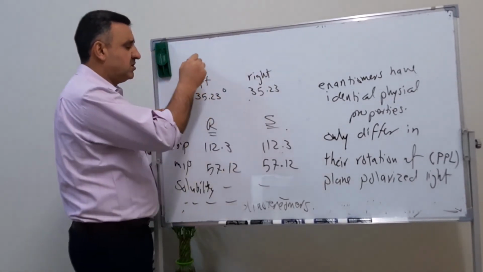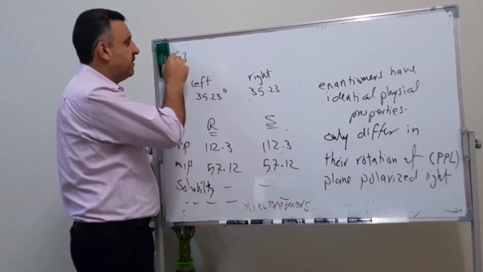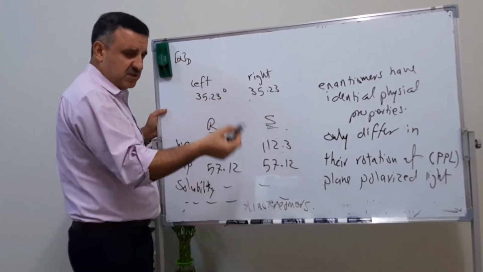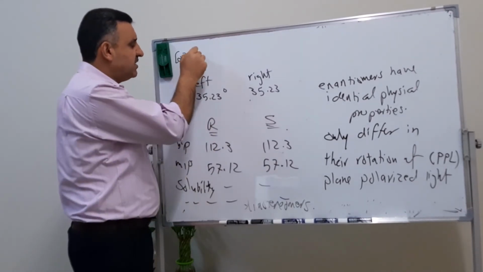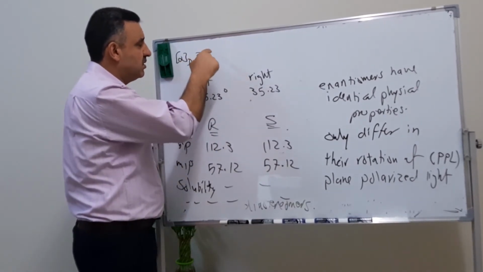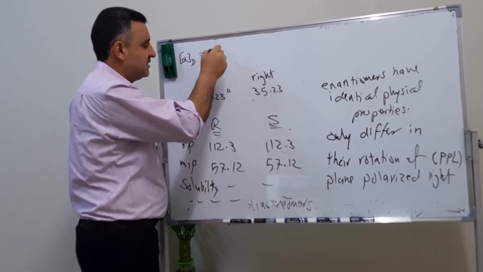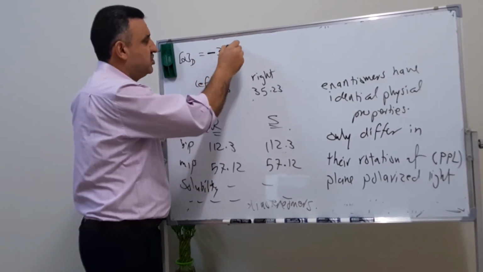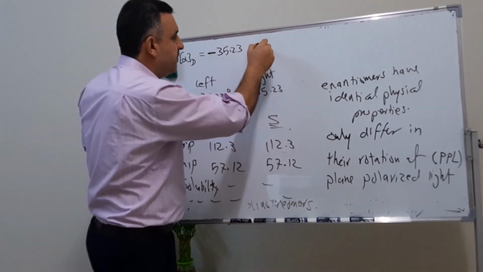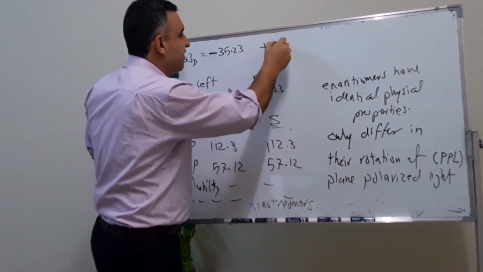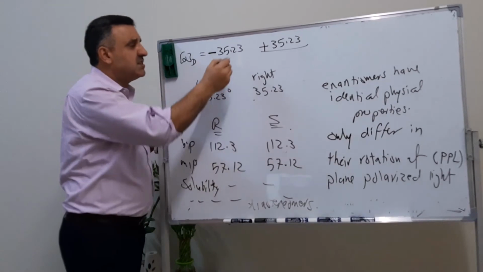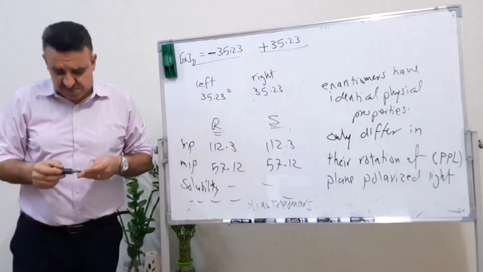Or in other words, if the alpha D, which is the plane polarized light, I will talk about it in more detail in a bit, if this is minus 35.23, this here will be plus 35.23.